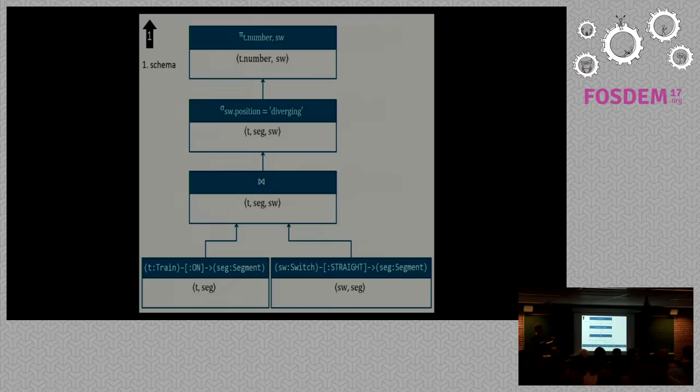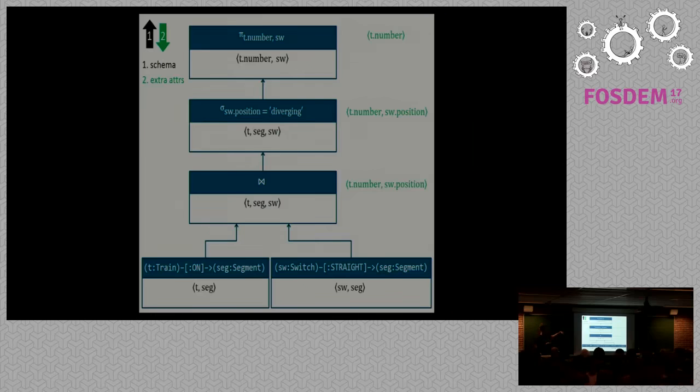Second, we start traversing down the tree and gather something called the extra attributes that will be required for computation or for returning the query results. So we gather the numbers, and then we see that we need, for the filtering, the position of the switch. So we also note that we need the number and the switch position. We propagate this to the bottom.